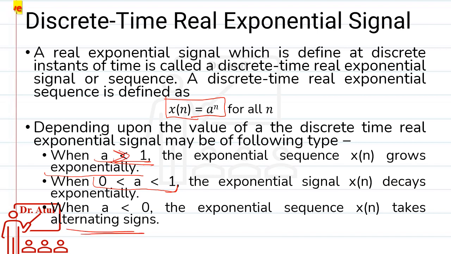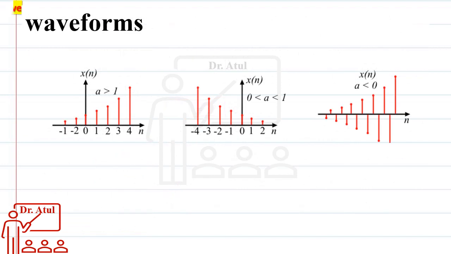If it is greater than 1, then it is a growing signal. For a greater than 1, the sequence is increasing or growing.